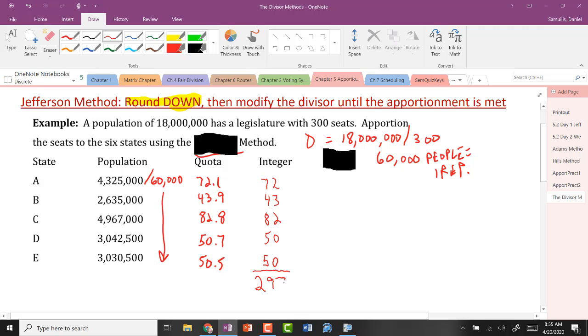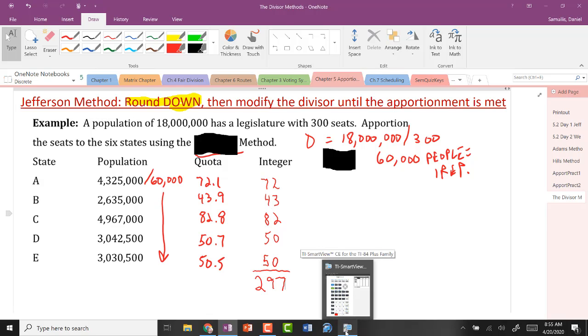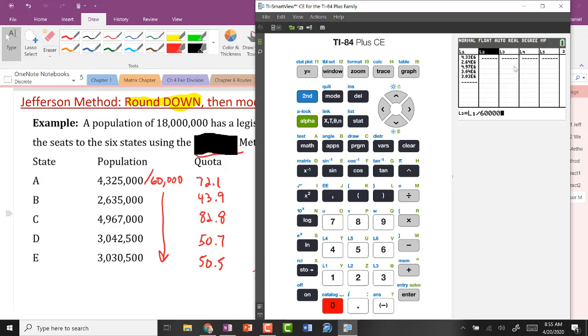I mentioned this in the apportionment of the United States legislature. We should actually type these numbers in the L1 screen because in this whole set of notes I'm going to use these numbers over and over again, and do things mathematically with them.